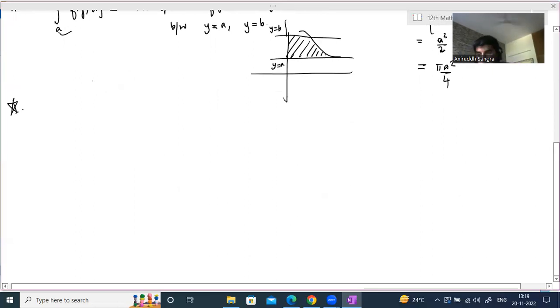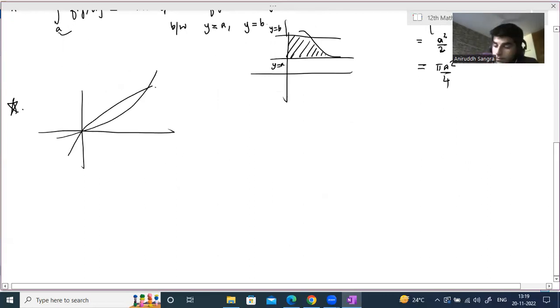We can also use this concept to find out the area bounded by two curves. Suppose this is one curve and this is another curve. Let's say this is y is equal to f1(x), and this is y is equal to f2(x). Let's say their point of intersection is x is equal to a, and the previous one is x is equal to 0.